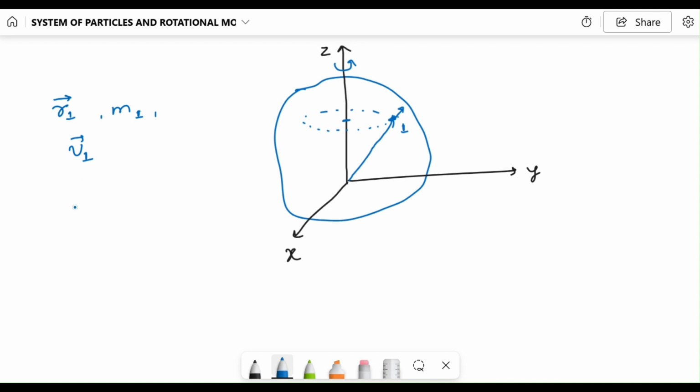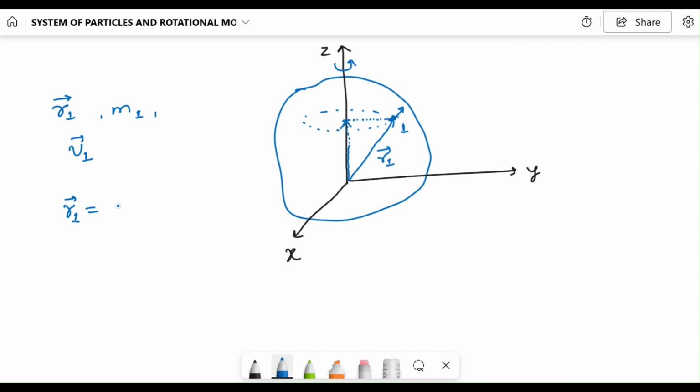So let me write it in a more elaborate way. R1 has one component which is perpendicular to this z axis, and another component which is along this z axis. So let's say this is R parallel for this R1, and this is its perpendicular component. We are taking this z axis as the reference for perpendicular or parallel.